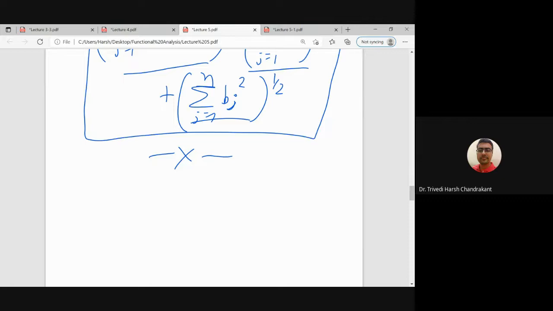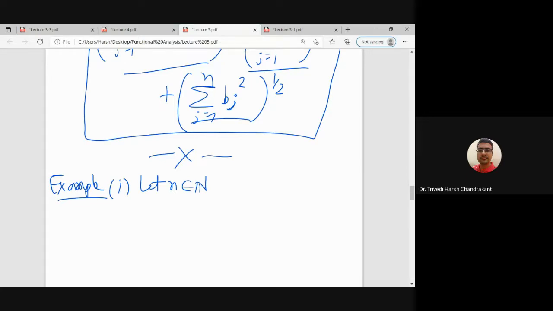So let us take one example of a metric in a finite dimensional vector space, and then we'll go for an infinite dimensional metric space.